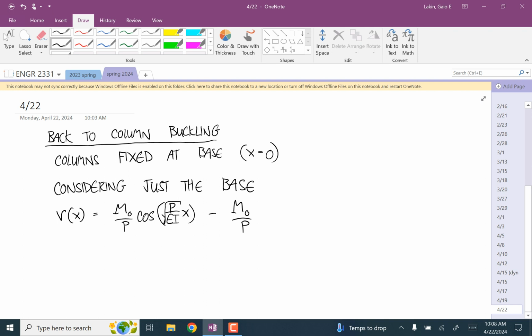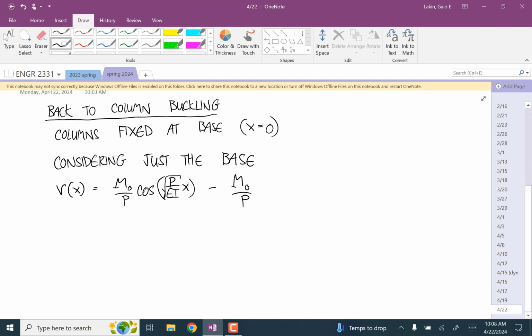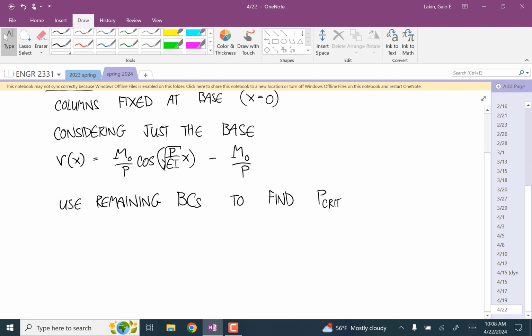Now it's just a matter of using boundary conditions away from the base. So we'll use the remaining boundary conditions to find the critical load value. The first one we did is we assumed free at the top.